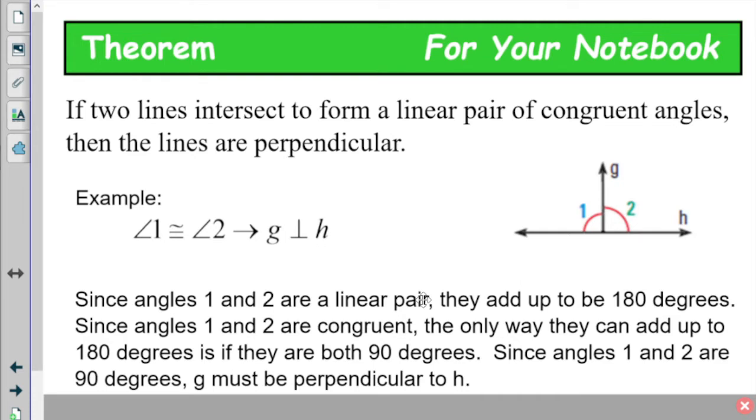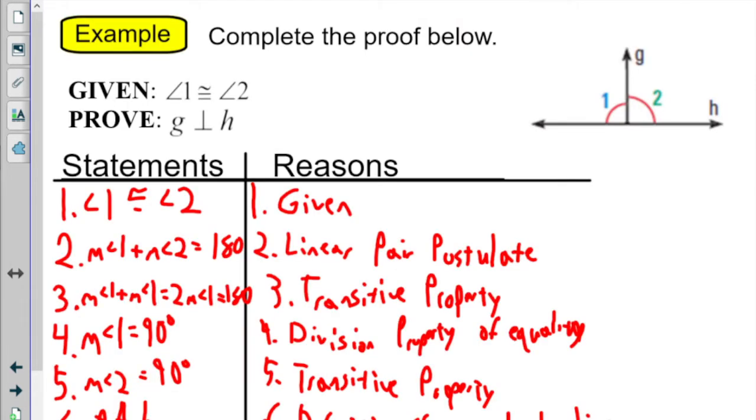So that was the proof we wrote. You don't need to write that part down. But that's hopefully something you would be able to figure out already. Since they make those right angles, that's our definition of what perpendicular is. Here it is again as a two-column proof.